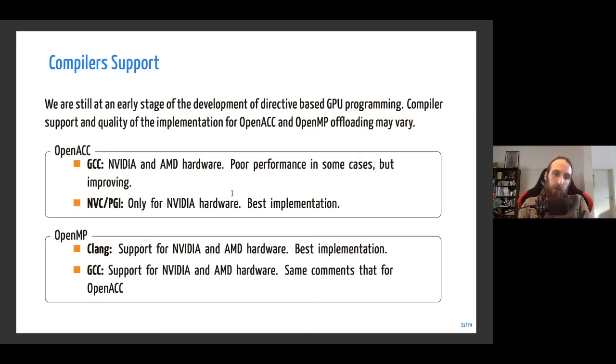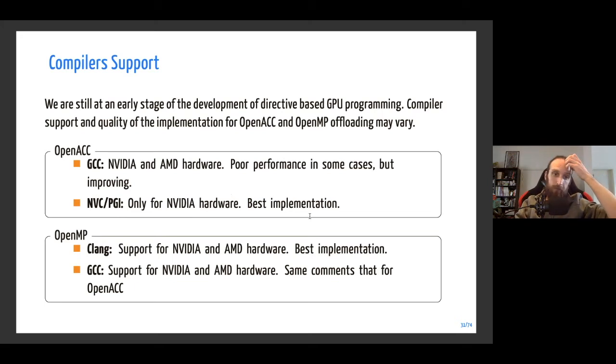On the other hand, for OpenACC, you have the option to use the PGI compiler. PGI has been bought by NVIDIA, and as a consequence, the PGI compiler, which is known as NVC, the NVIDIA compiler, because they completely merged everything, only targets NVIDIA hardware. At the beginning, the PGI compiler was also targeting AMD hardware, but unfortunately, as NVIDIA took control, they said, okay, you will not target AMD hardware anymore.